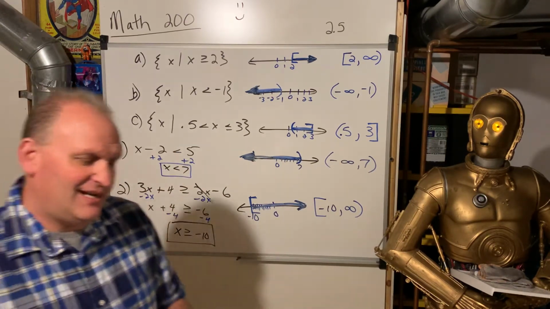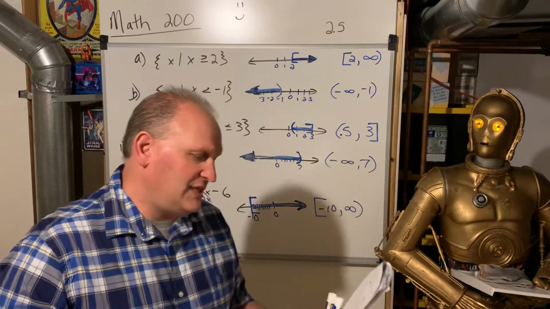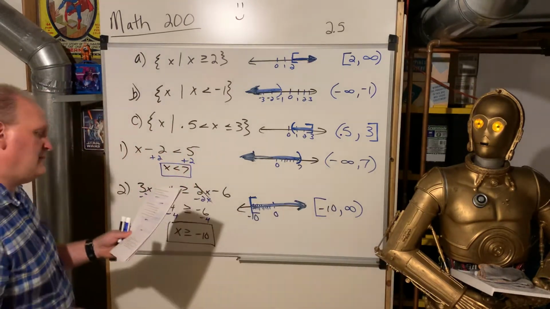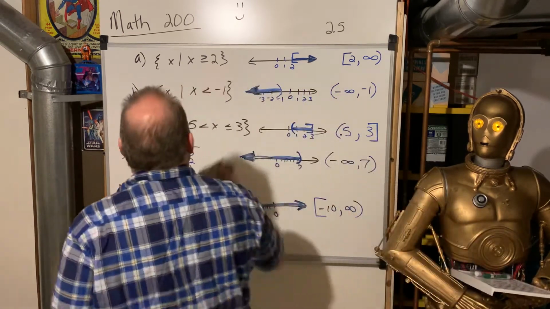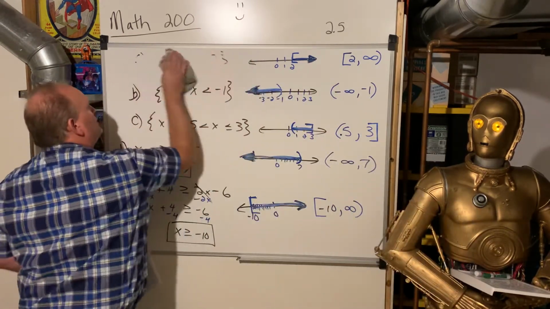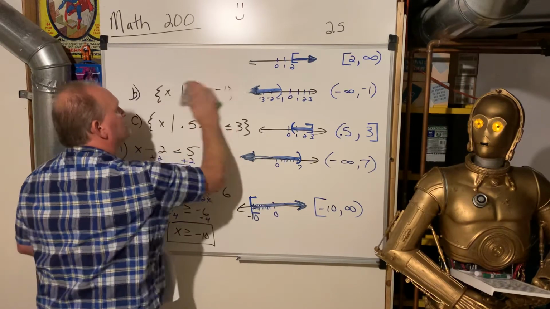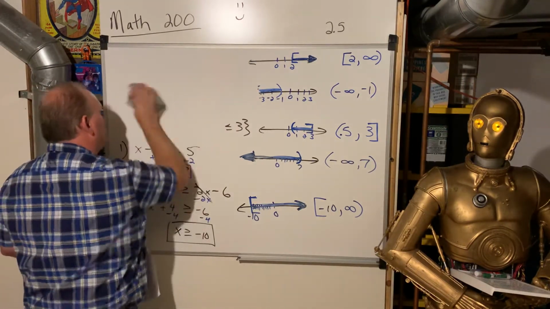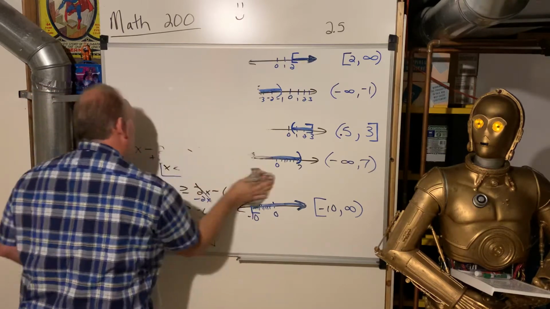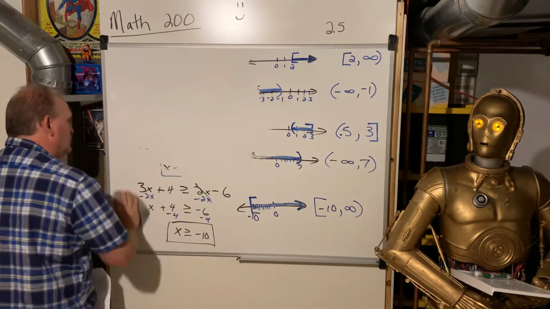Okay, let's go on to some more interesting things. Oh, so before we do these, when you divide or multiply by a negative number. Working with inequalities is just like working with equations when there's an equals sign there, except there's one extra rule.